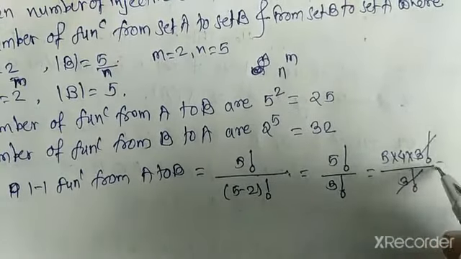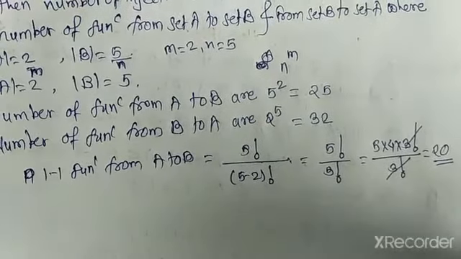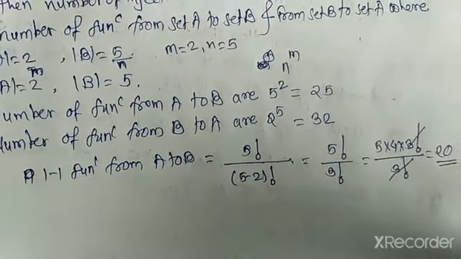The 3 factorial gets cancelled and your answer will be 20. So there are 20 one-one functions from A to B.